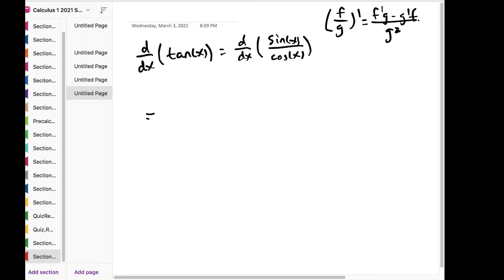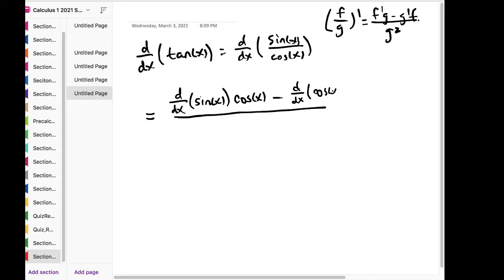So you take the derivative of the numerator first, times the denominator, minus the derivative of the denominator times the numerator, and divided by the denominator squared.